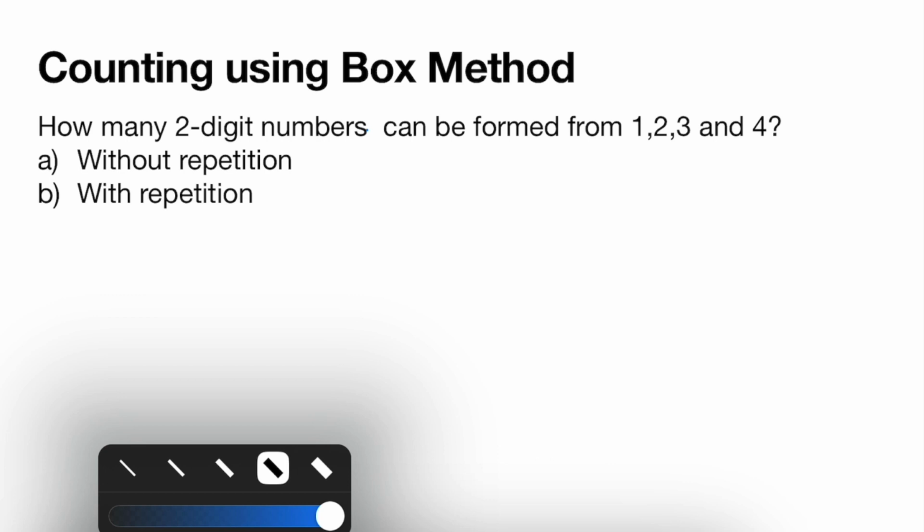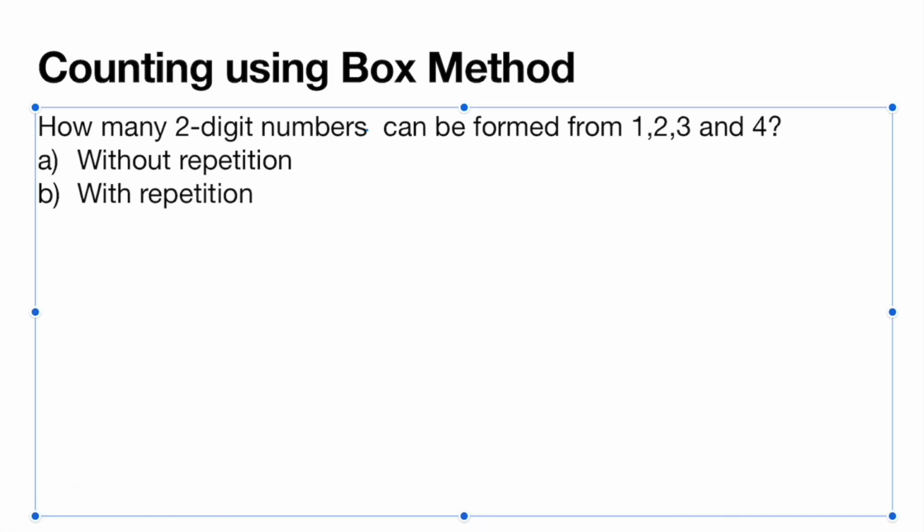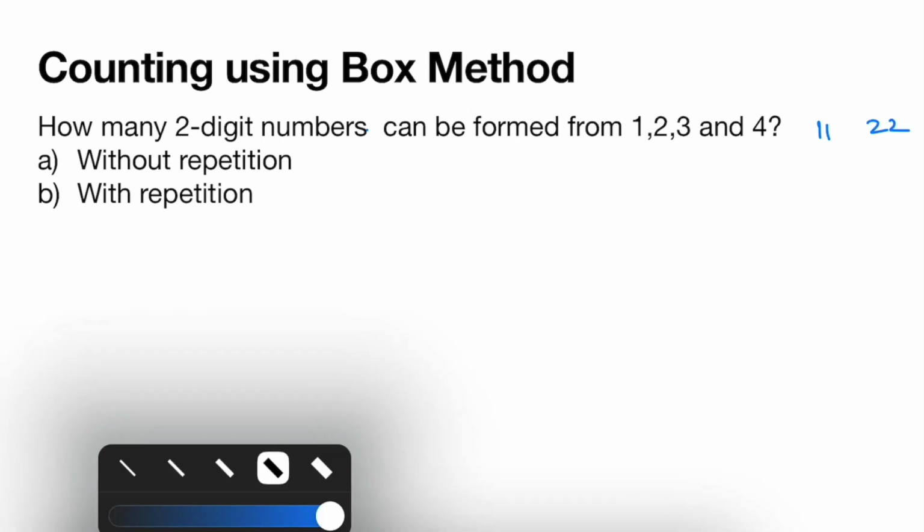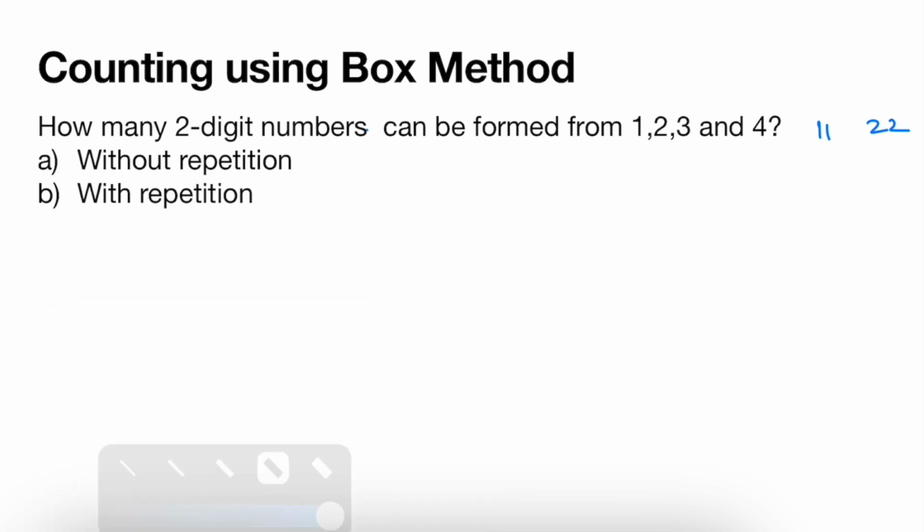How many 2-digit numbers can be formed from 1, 2, 3, 4 without repetition and with repetition? Let's do without repetition. What they're saying is, when you do it without repetition, you cannot have numbers like 1, 1 or 2, 2, etc. Let's see how many 2-digit numbers can be formed. I'll write it down: 1, 2, 1, 3, 1, 4.